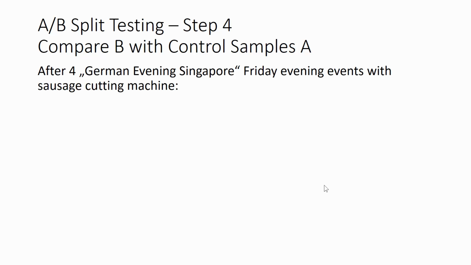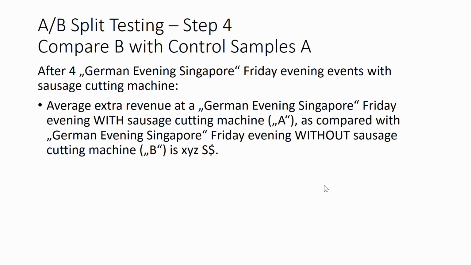Step 4. Compare B with control samples A. After 4 German Evening Singapore Friday evening events with a sausage cutting machine, we have the following. The average extra revenue at the German Evening Singapore Friday evening with sausage cutting machine, our A, as compared with the German Evening Singapore Friday evening without sausage cutting machine, our B, is XYZ Singapore dollars.